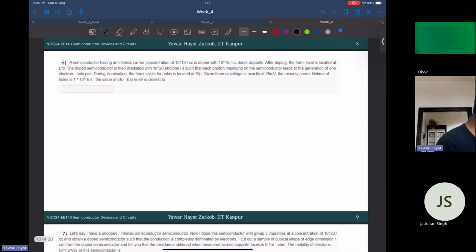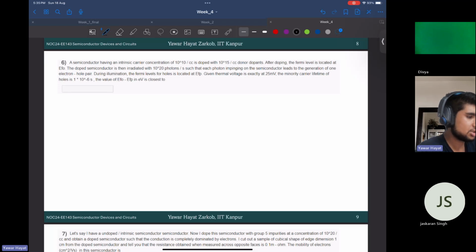Now the sixth question. A semiconductor having an intrinsic carrier concentration of 10 to the power 10 per centimeter cube is doped with 10 to the power 15 per centimeter cube donor dopants. After doping, the Fermi level is located at EF0. The doped semiconductor is then irradiated with 10 to the power 20 photons per second, such that each photon impinging on the semiconductor leads to the generation of one electron hole pair.